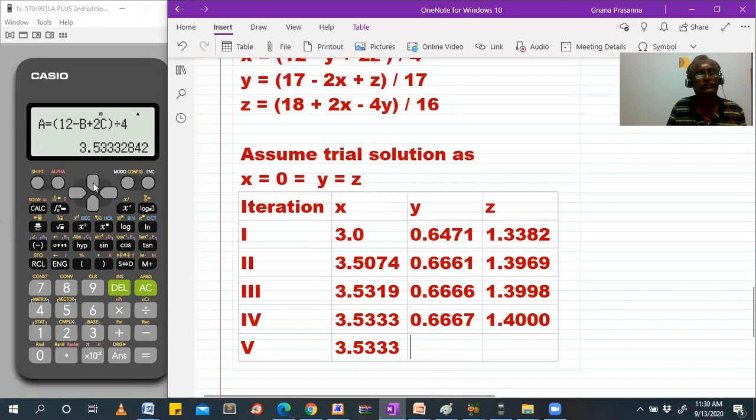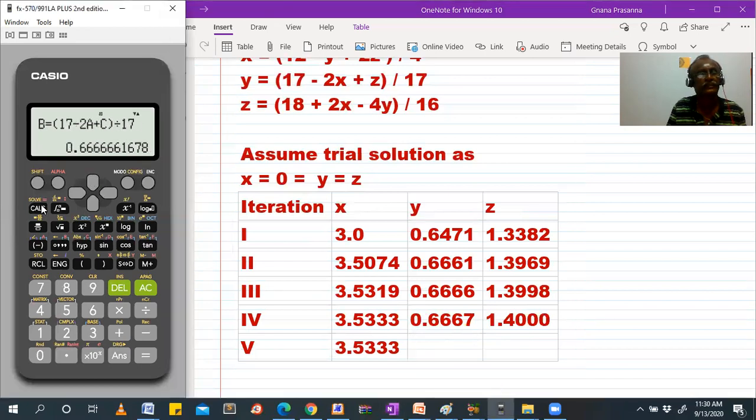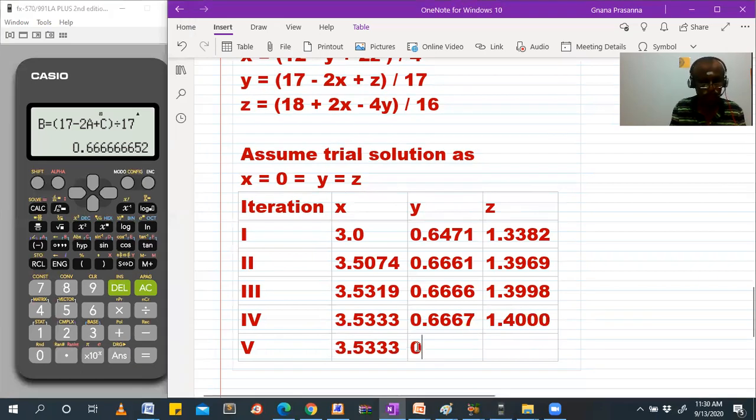Now all the values may be the same. B, calc, equal to, 0.6667.